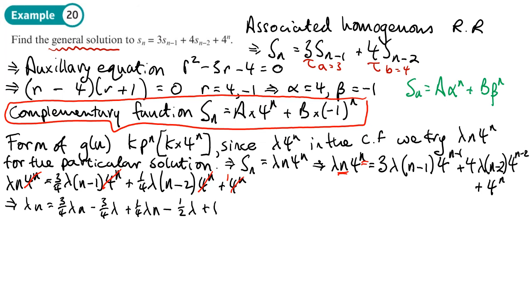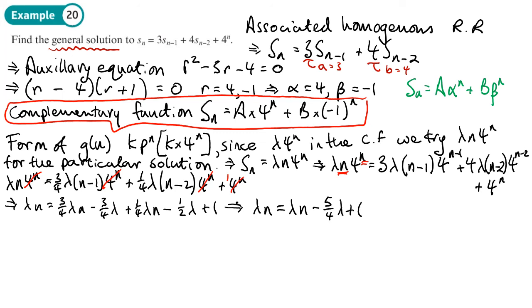Then simplify: 3/4 lambda n plus a quarter lambda n is 1 lambda n, and minus 3/4 lambda minus a half lambda is minus 5/4 lambda, plus 1.